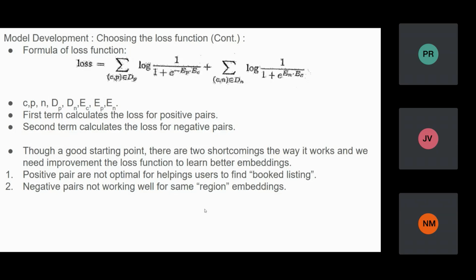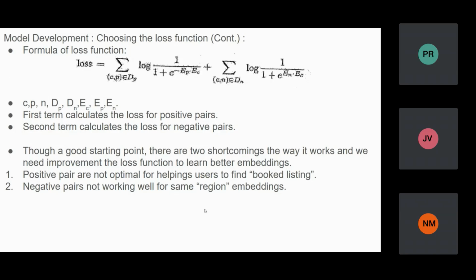Now, even though the loss function is a good starting point, there are some improvements that we need. The improvements we need for a positive pair are not optimal for helping users to find the eventually booked listing. The positive pair is only calculating what will be the next click by the user rather than what will be the booked listing for the user.